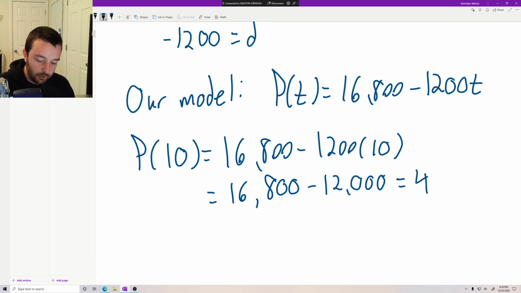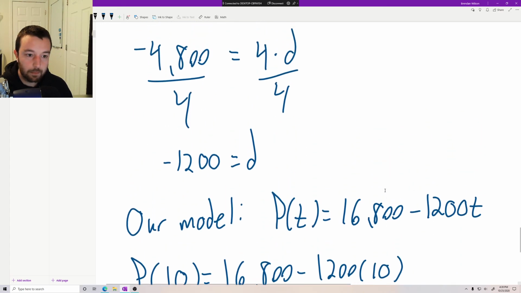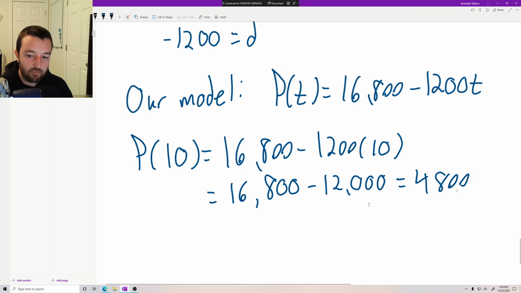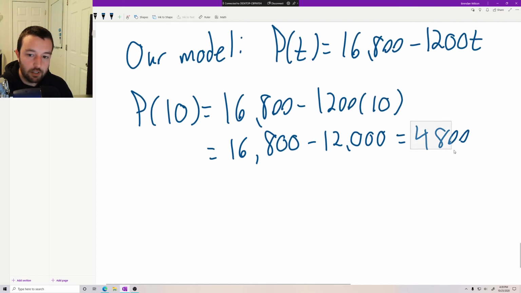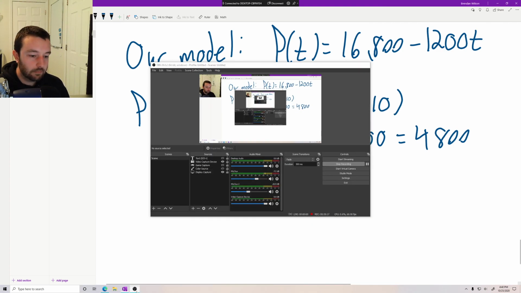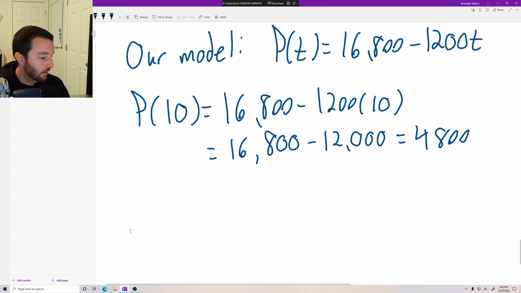So we're going to get 4,800. So this is what it would be worth in 2020, $4,800. So that's pretty much all there is to linear growth.